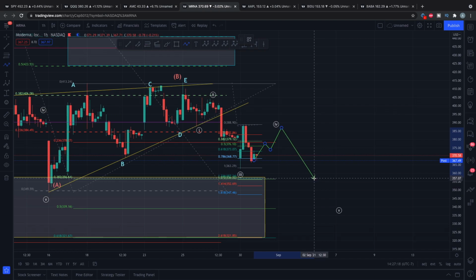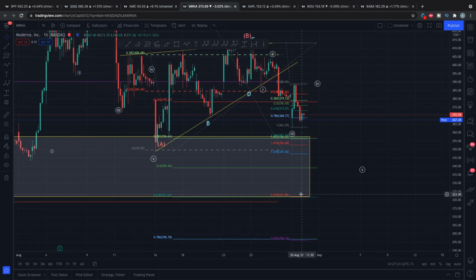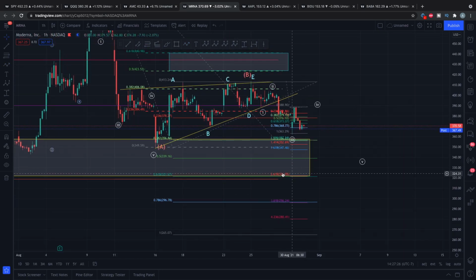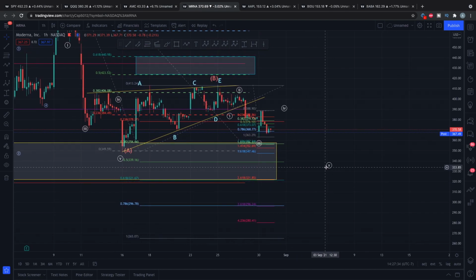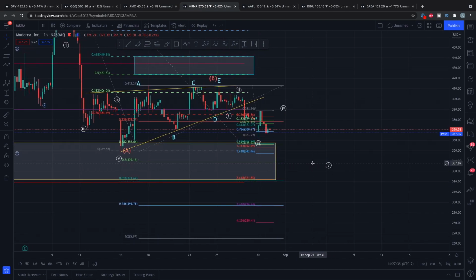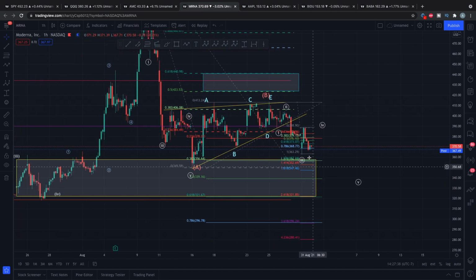When I say it should extend, that means we form another impulsive structure to the downside. So 3, 4, 5. And that would help push this stock down to some of those lower extension levels right here. So right around maybe 347 to even 321, we could see another push to the downside. And so Moderna stock is still looking bearish. Things are looking good. So yeah, just riding the downside with the put debit spread.